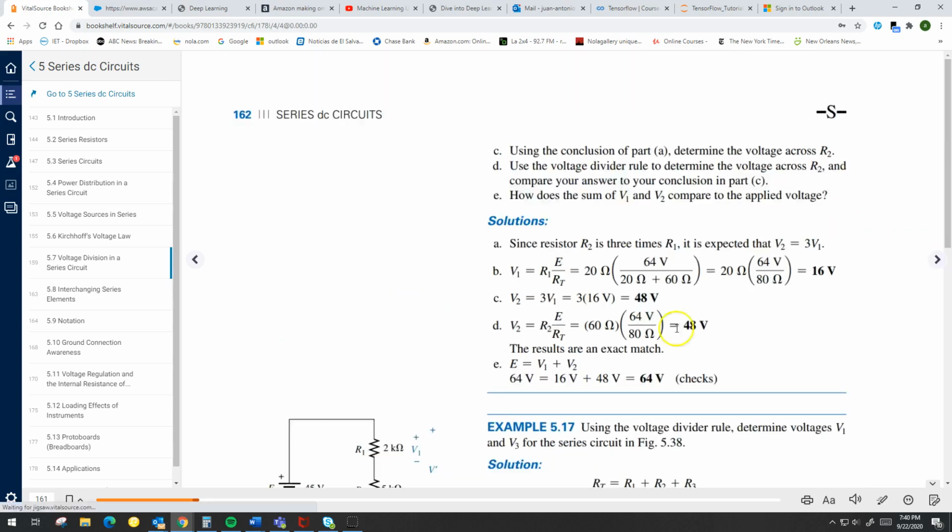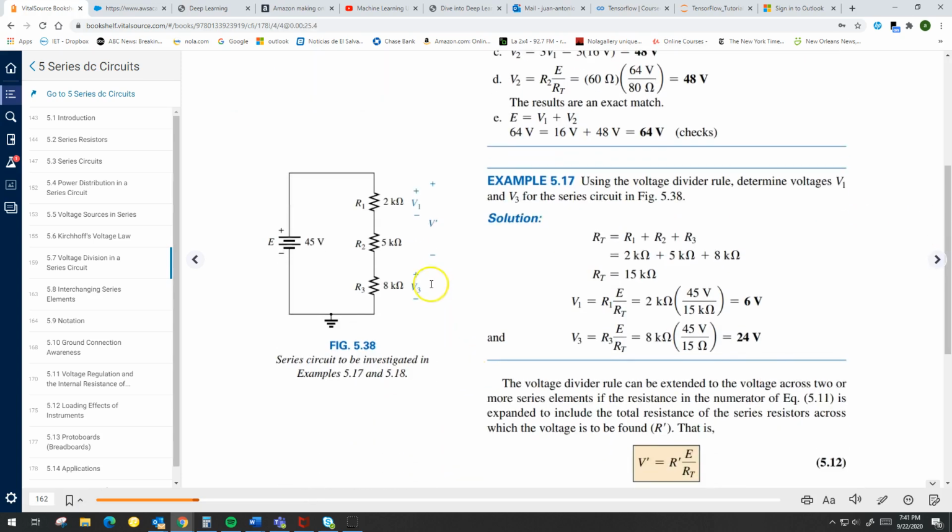And I have all that in that circuit. So the total resistance will be 2 plus 5 plus 8, right? The voltage being divided is 45, so I have 45 times 2, which is the resistance next to the voltage I'm looking for. 2 times 45 divided by 15. See?